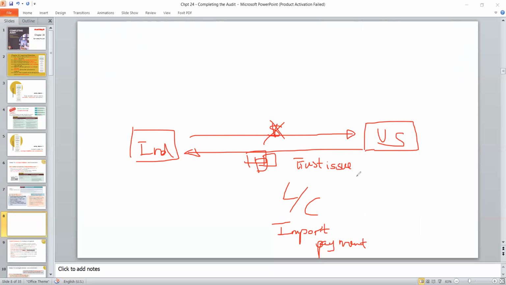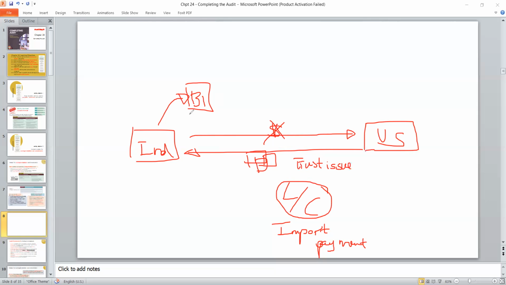Because of that, a bank publishes or offers the facility of LC, letter of credit. The Indonesian company will pay the money through the bank.